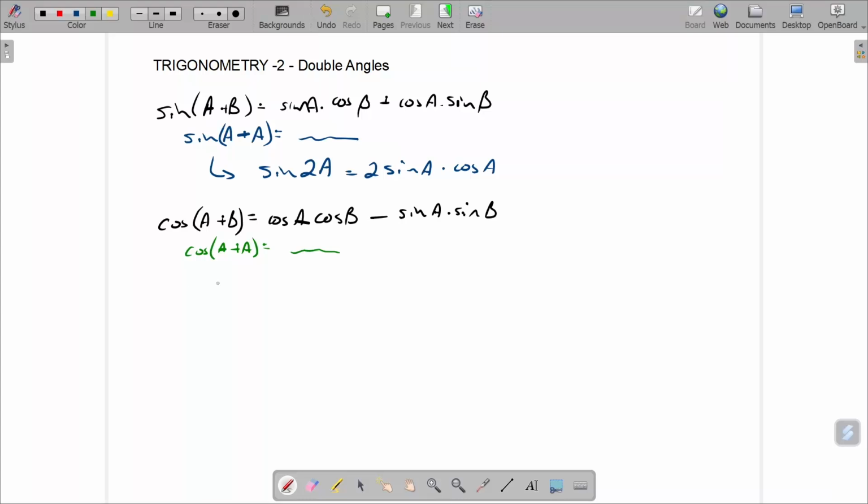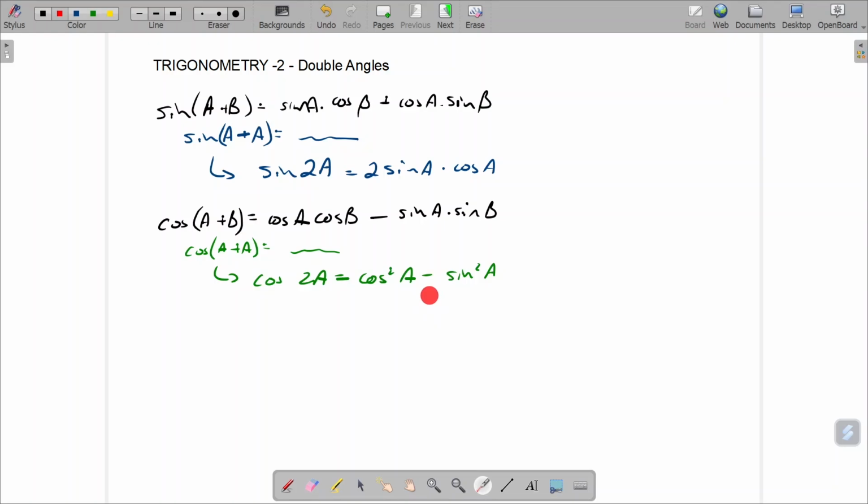What I hope you would realize is one option I'd get here for cos of 2A is cos squared A minus sine squared A. I'm going to be very careful to say that this is one of the variants. It's the main one, but it's one of them.